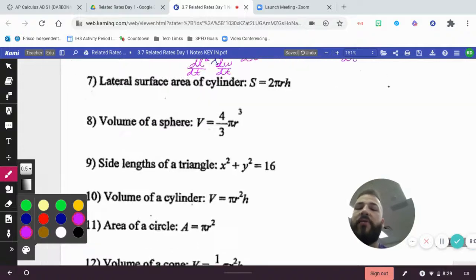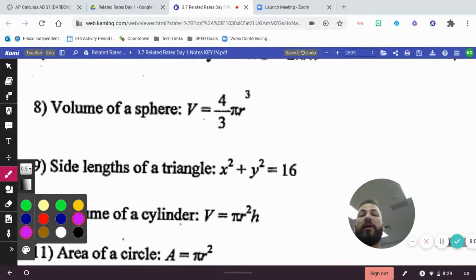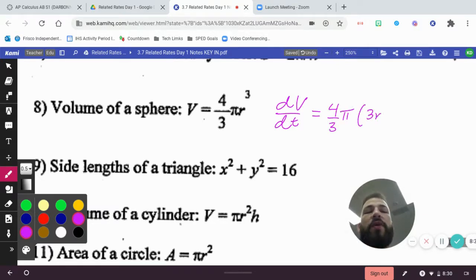Let's look at number 8, volume of a sphere. Okay, volume is equal to 4/3 pi r cubed. Okay, so volume derivative is dv over dt equal to 4/3 and pi. That's all just a constant. So the only thing I'm actually deriving is that r cubed. So I get 4/3 pi 3r squared times dr dt.